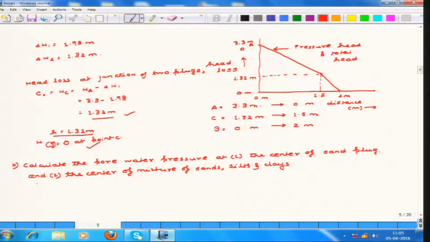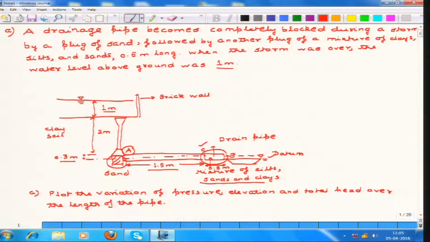Now, from there we are going to find out the variation of the pore water pressure. So, how are we going to find it out? Let us first consider a point D. D is at the center of point A and point C, that means it is at the center of this sand plug.